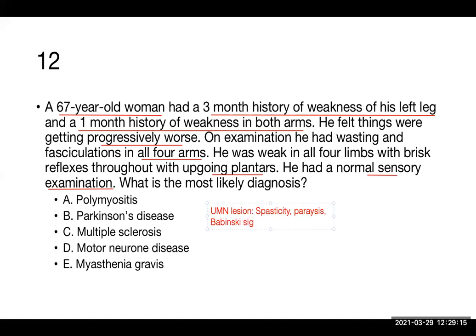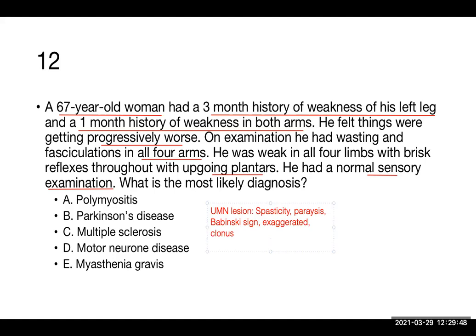Never forget this. Regarding the reflexes, they are exaggerated. Sometimes they also have clonus, which is an exaggerated reflex. So tone, power, Babinski sign, and exaggerated reflexes are included. These are the hallmarks of UMN lesion.